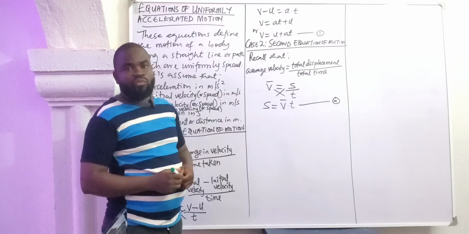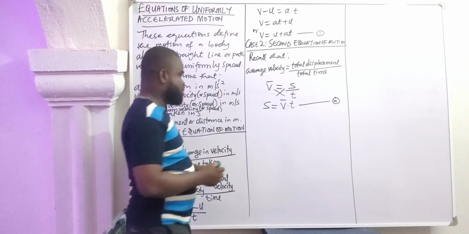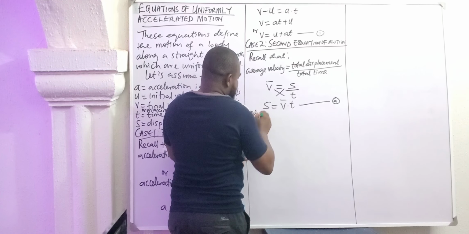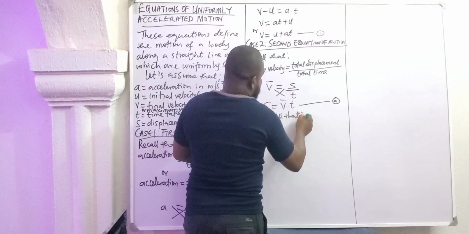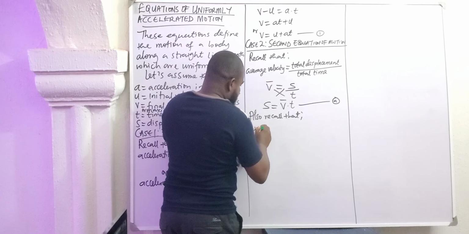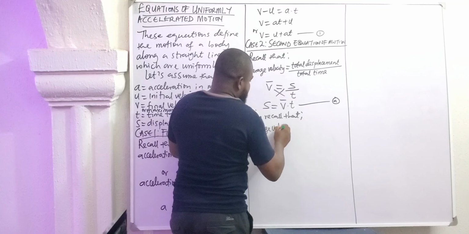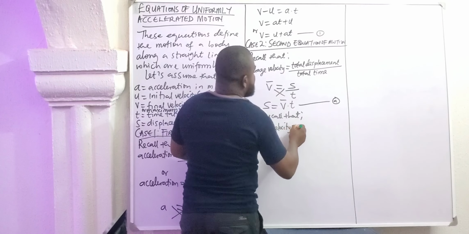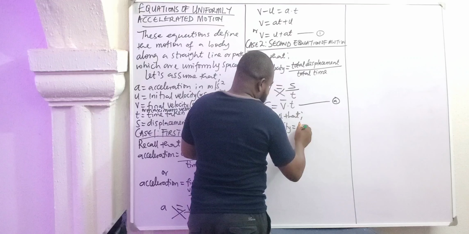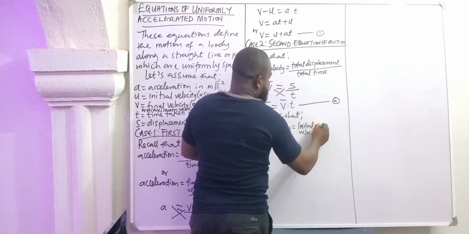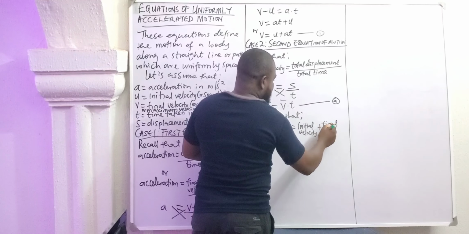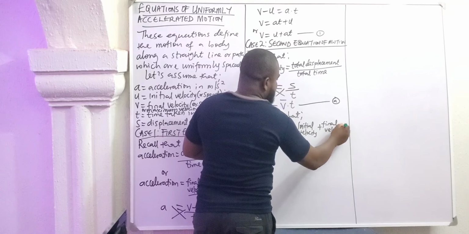Now, we recall the second definition for average velocity, which is also: recall that average velocity or speed is equal to initial velocity plus final velocity, all over 2.